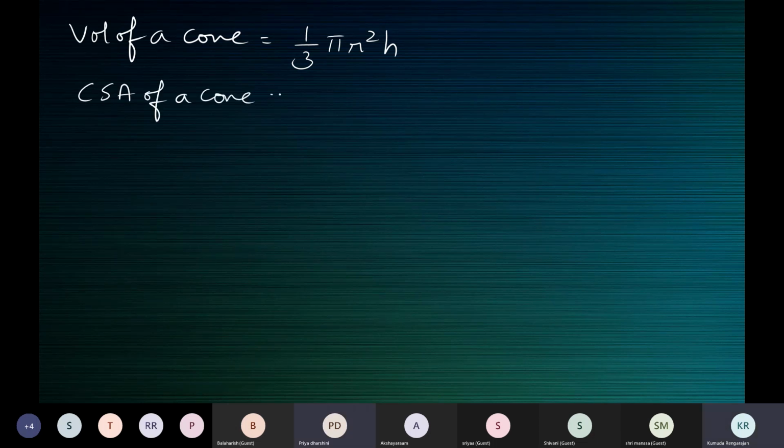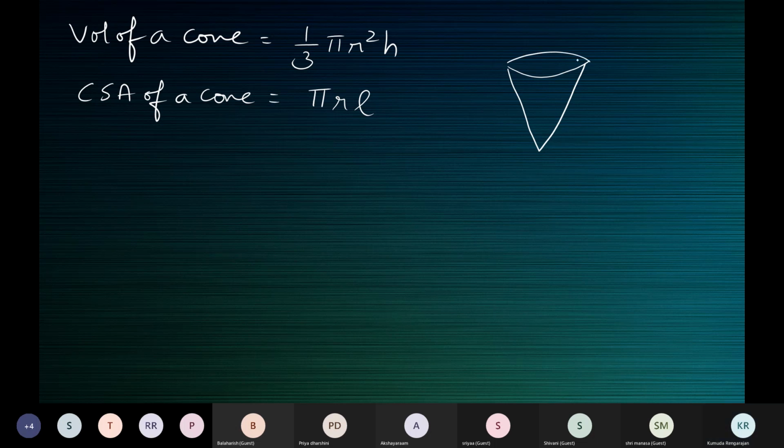Pi RL. Only the curved surface area, not including the area of the circle. The curved surface area of a cone is given by the formula pi RL square units.